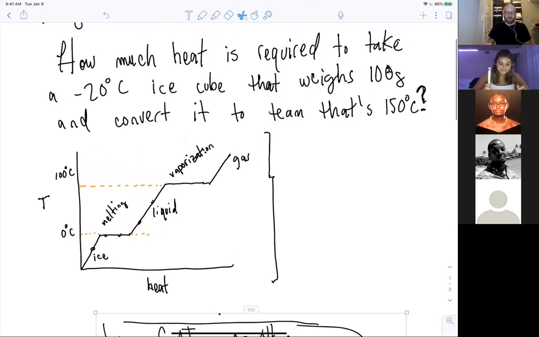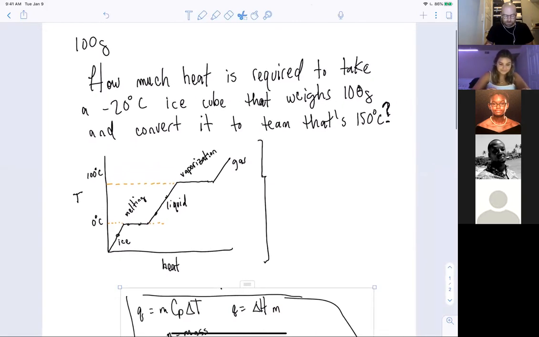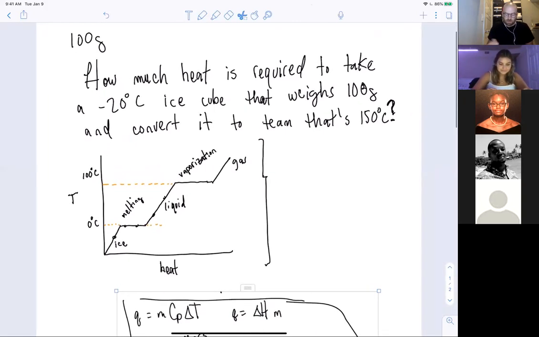So in this problem, and these types of general problems, we're looking at how much heat is required to take an ice cube all the way through a bunch of phase transitions into steam, going between two different temperature ranges. What you end up doing is multiple different calculations as you switch between phases and go through the phase transition.